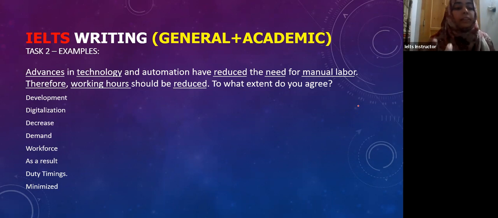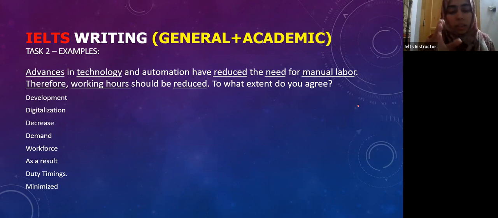Instead of technology, the word digitalization can be used. Similarly for reduced, you can use minimized or decreased. All right, the need can be replaced by the word demand. Manual labor can be replaced by workforce. Therefore can be replaced by as a result, and working hours can be replaced by duty timings.